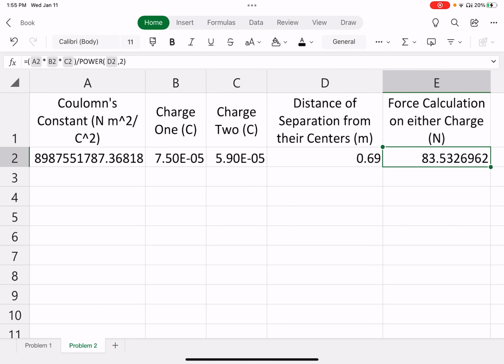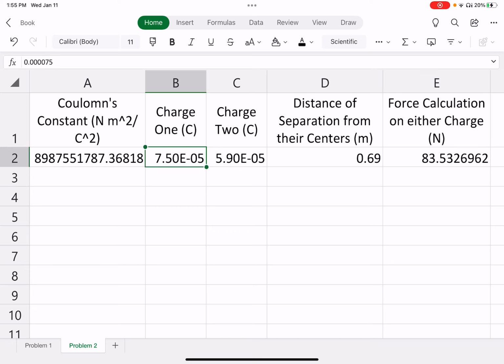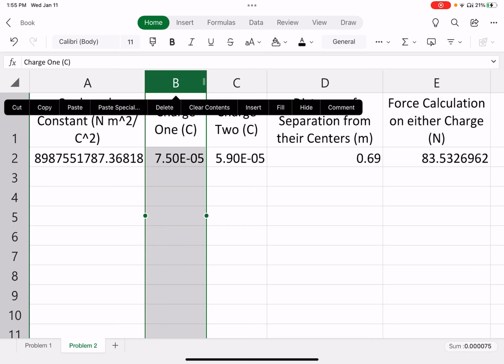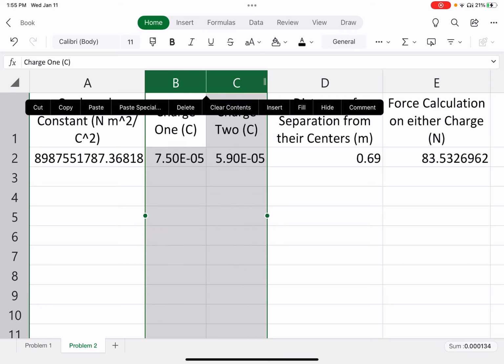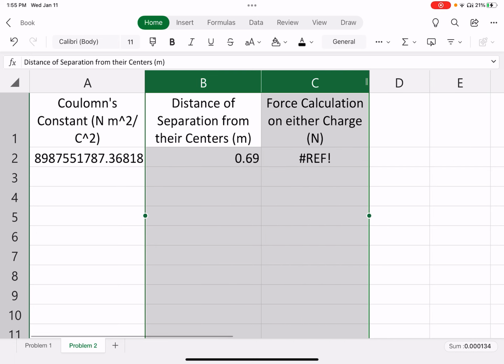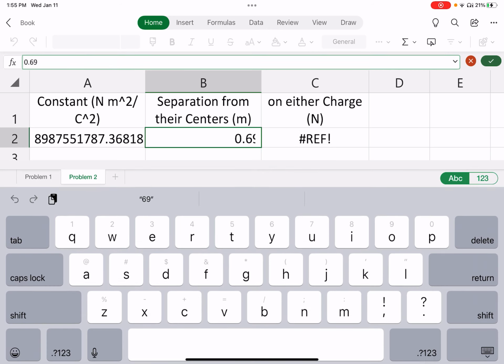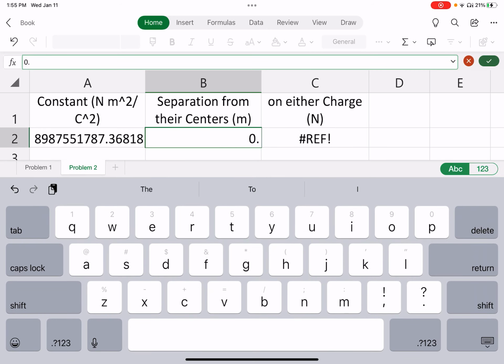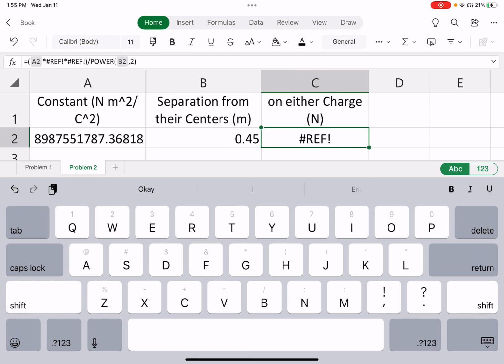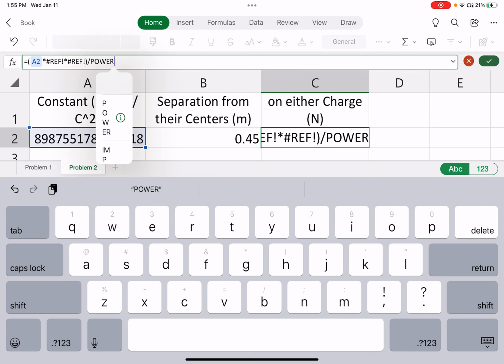So we want to find the charge in this particular case. So we don't know this, so I can get rid of these two columns and just say delete. And we know our distance, which in my case is 4.5. In this particular case, we don't need any of this.